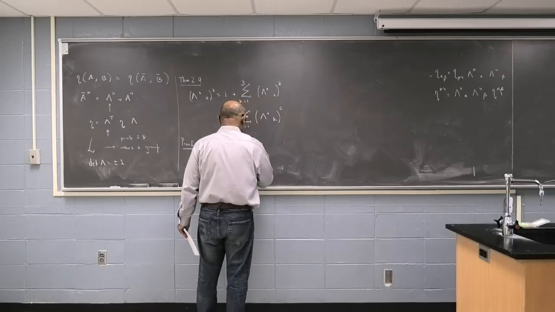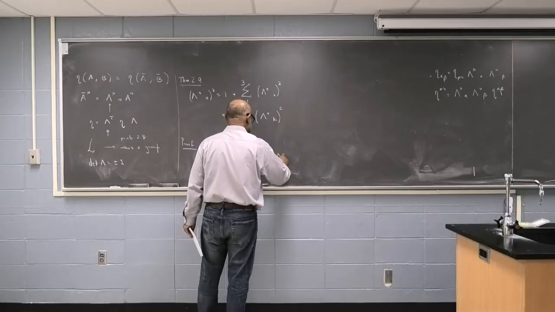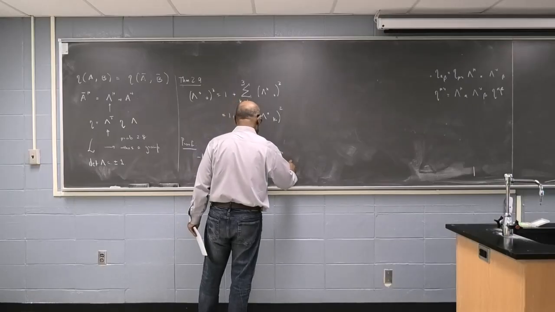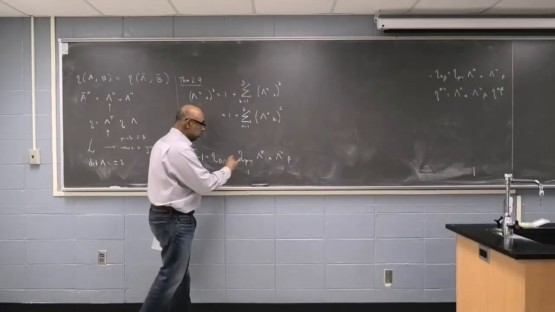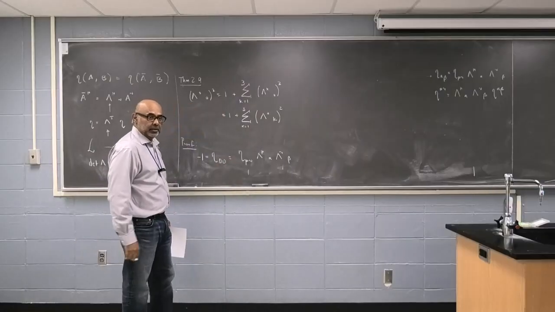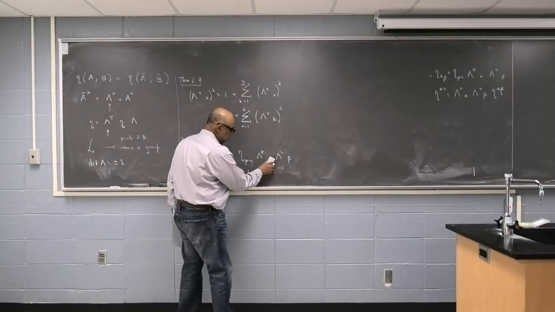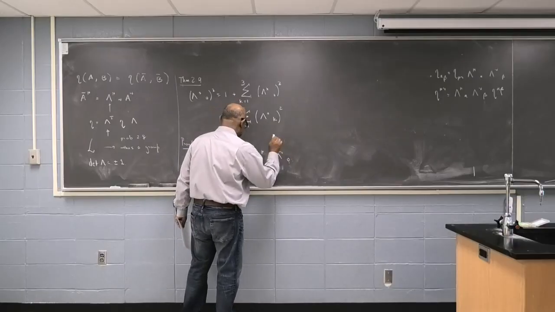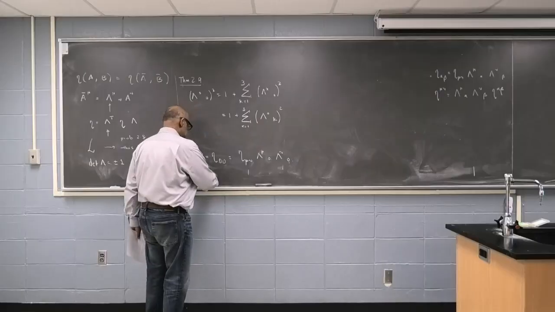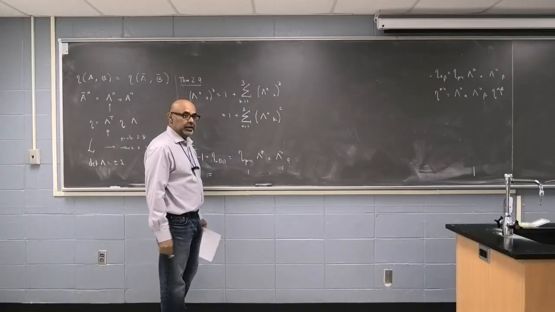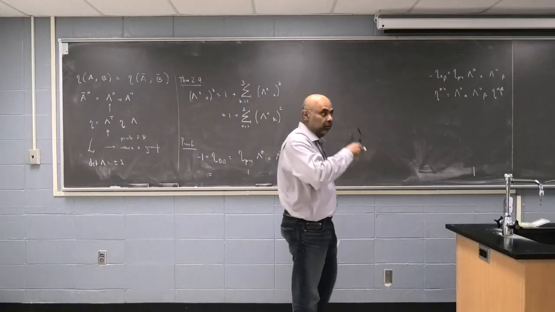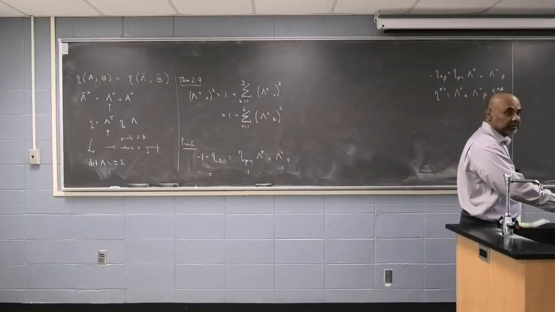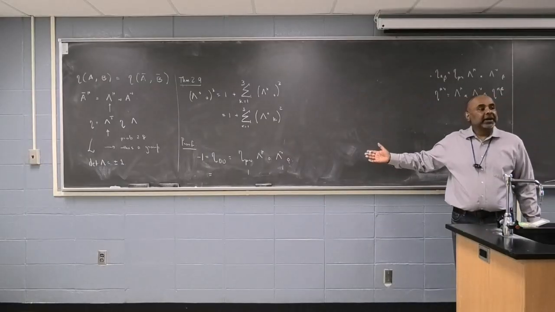I just picked alpha and beta to be 0 and 0. Well, thankfully, this is again a good way to see Einstein's summation convention. So I'm going to write it out explicitly.